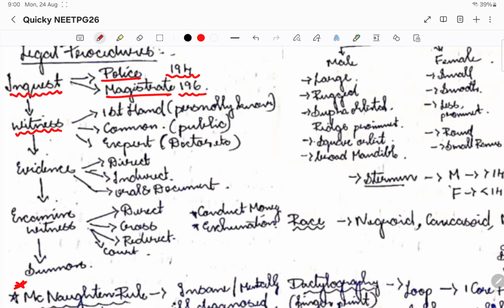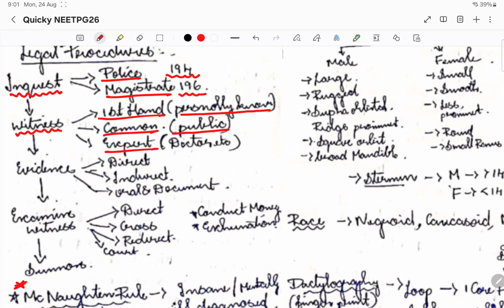Then after the inquest we'll call the witness. There are three types of witness: first hand, common witness, and expert witness. First hand will be personally known. He has seen the crime by his own eyes. If he himself has seen it, then it is going to be first hand witness. Then common witness is all the public that will be watching the crime.